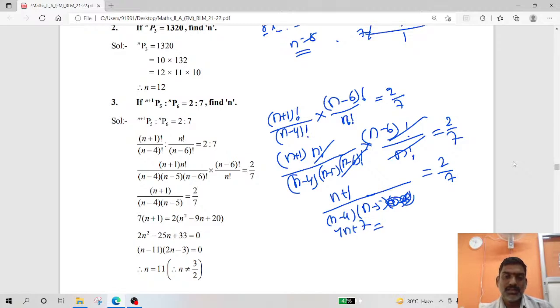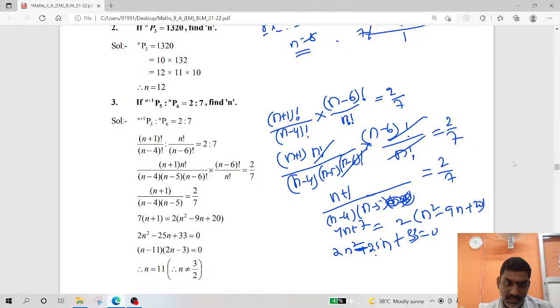7n plus 7 is equal to 2 times n square minus 9n plus 20. So 2n square, 2 9s are 18, minus 18n plus 7n, minus 25n, and 40 minus 7, that is 33.